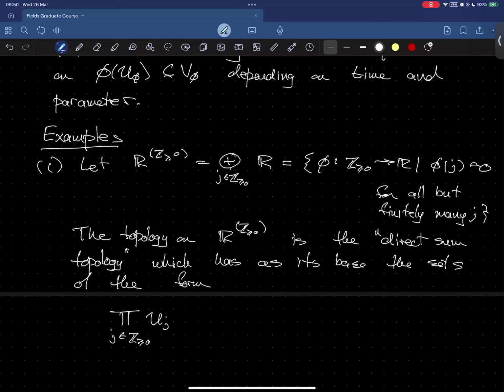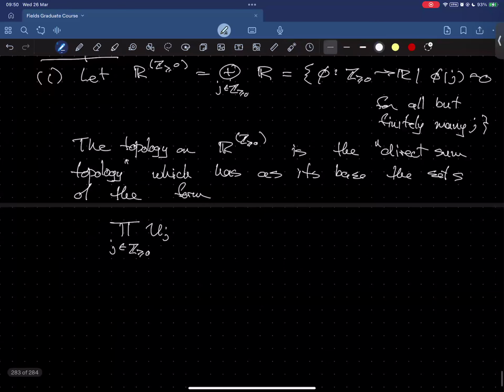So this is a subset of the product. And so these UJs are open in R. All right, so I take this and I intersect it with the direct sum.